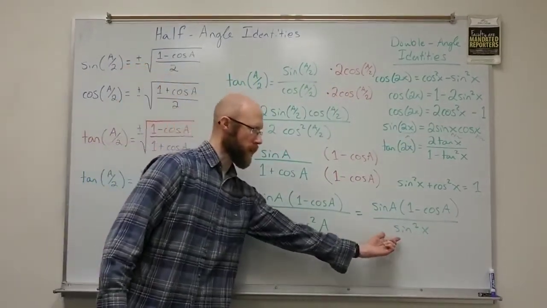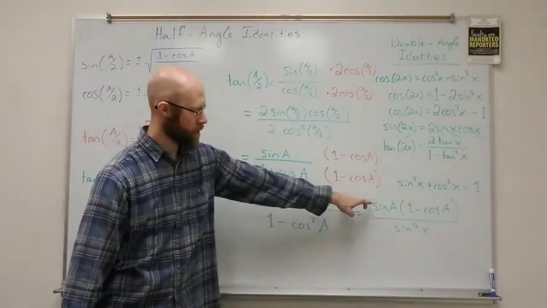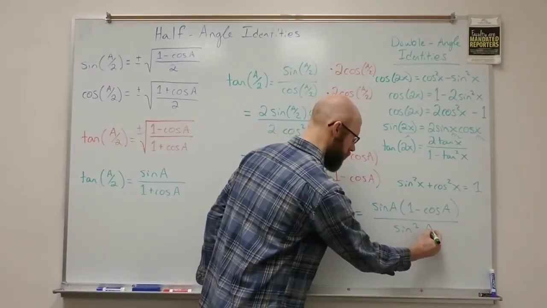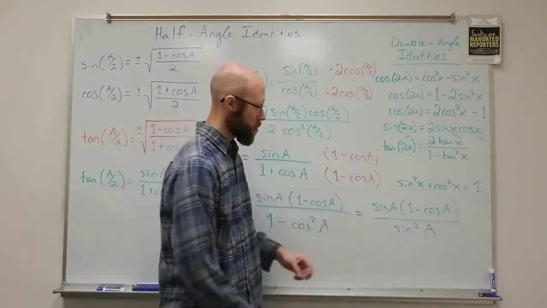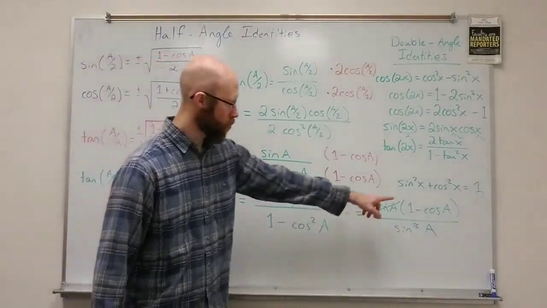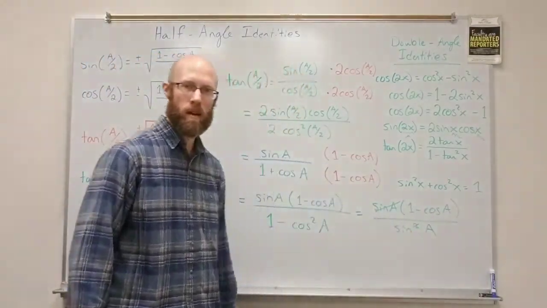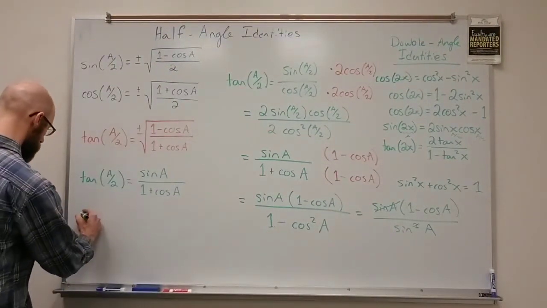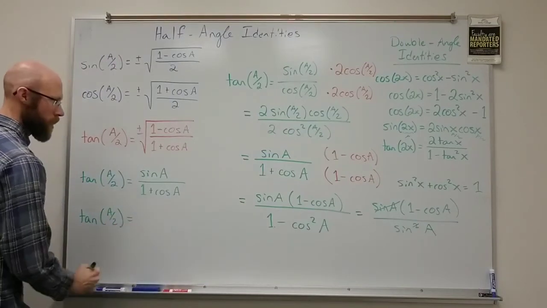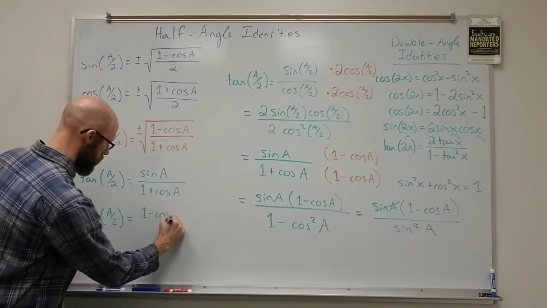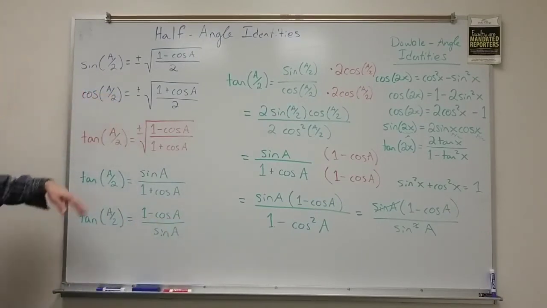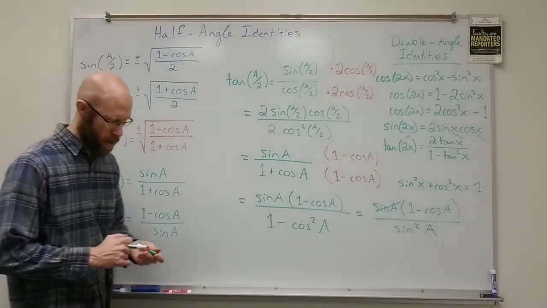And then I can cancel. I've got sine over sine squared. Oh, I put an x. I want that to be an A. There we go. Sine over sine squared reduces, right? You can take one of those powers off. And what we'll end up with is 1 minus cos A all over the sine of A, right? So I'm going to use that as my next formula. The tangent of A over 2 is equal to 1 minus the cosine of A all over the sine of A.